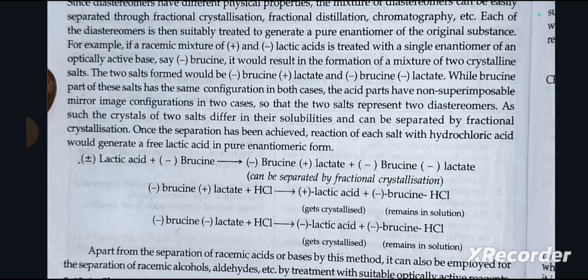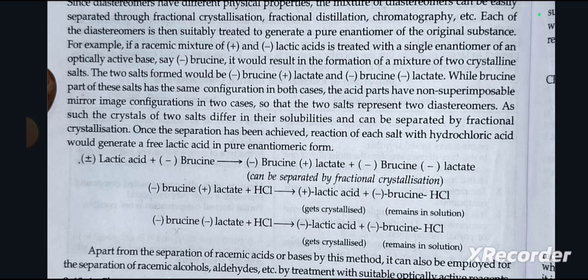As such, the crystals of the two salts differ in their solubility and can be separated by fractional crystallization. Once the separation has been achieved, the reaction of each salt with hydrochloric acid would generate free lactic acid in pure enantiomeric form.